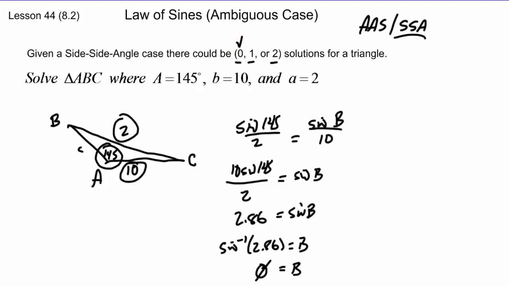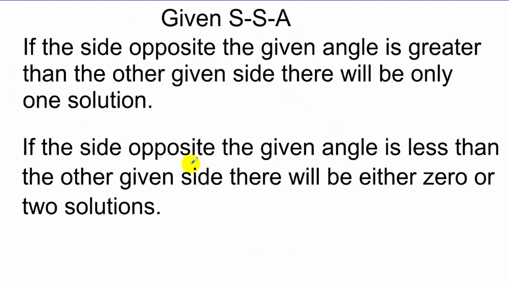Now, in general, how do you know whether there's going to be 0, 1, or 2 solutions? Well, here are some rules for you. Given that you've got a side-side angle, if the side opposite the given angle is greater than the other side, there's only going to be one solution. If the side opposite the given angle is less than the other given side, there's either going to be 0 or 2 solutions.